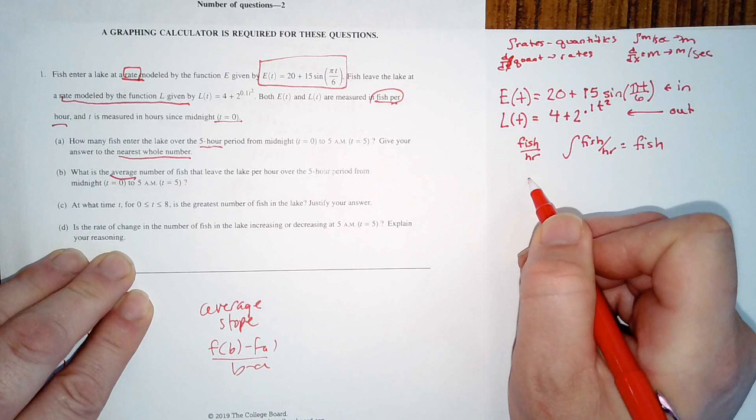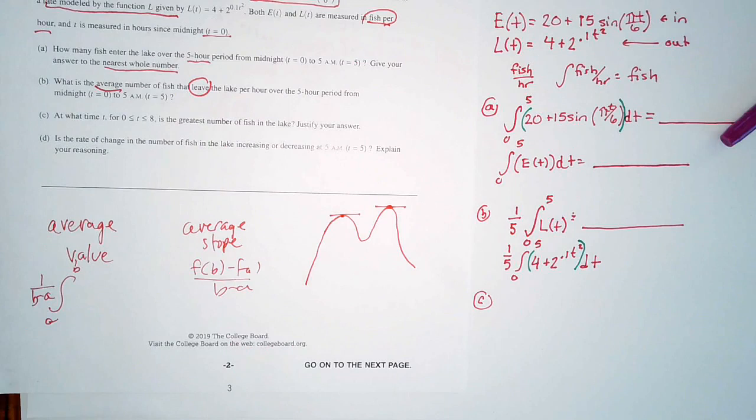Okay, so there are several ways to do this problem. We're going to start with A, because we have the math we're going to do right here. I'm literally just going to put this function into the calculator and get an answer out. So it's menu, calculus, integral. I'm going to go 0 to 5 of 20 plus 15 sine, using the fraction tool, pi times t over 6, dt, because t is the letter I'm working with.